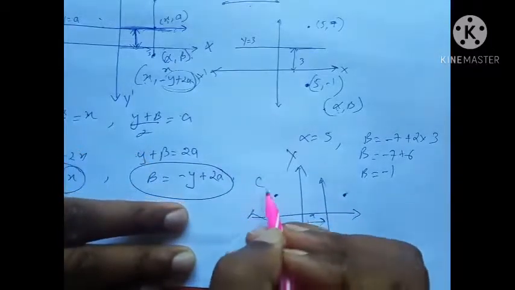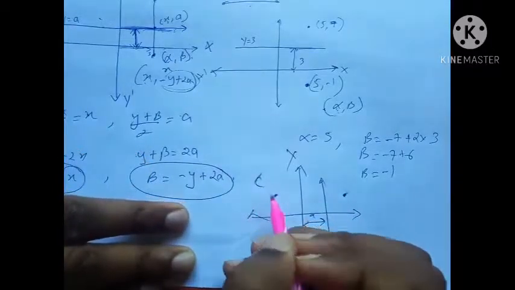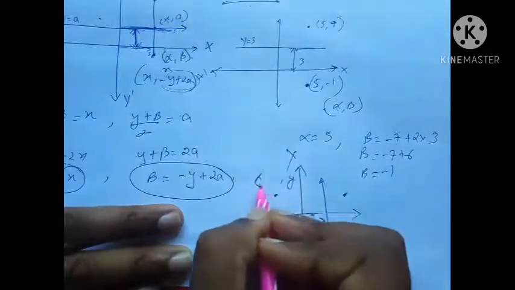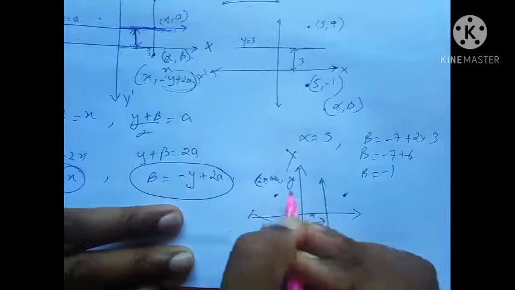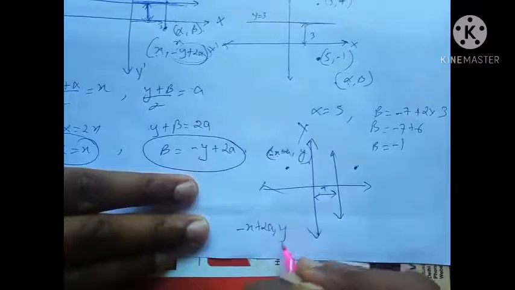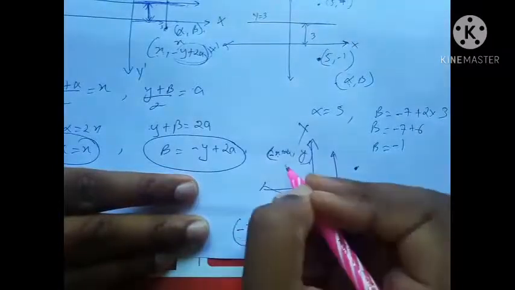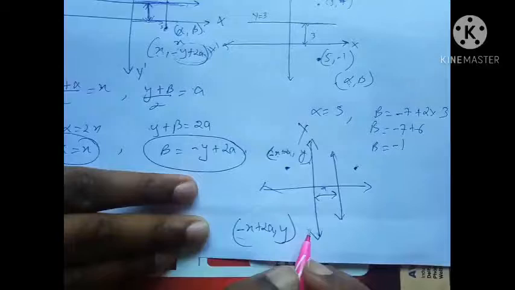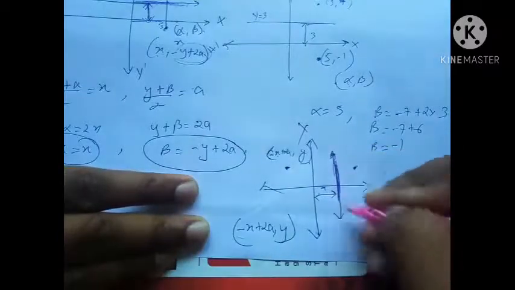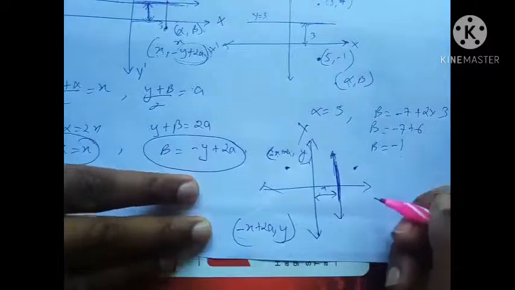What's my answer going to be for the image? y is going to be the same, but what is x going to be? Minus x plus 2a. Okay, so what I have to use? Minus x plus 2a comma y. These are the coordinates of the image if a line is parallel to the y-axis and this is acting as a mirror. Okay, we'll do some questions on them.